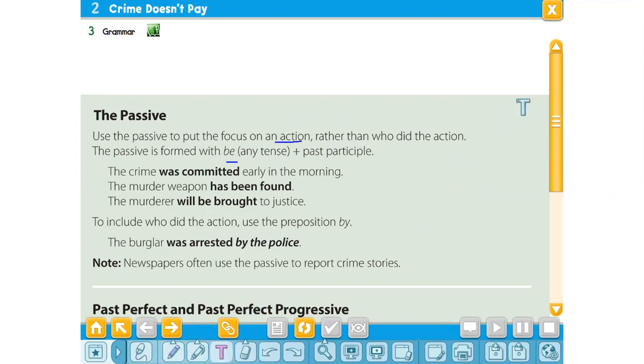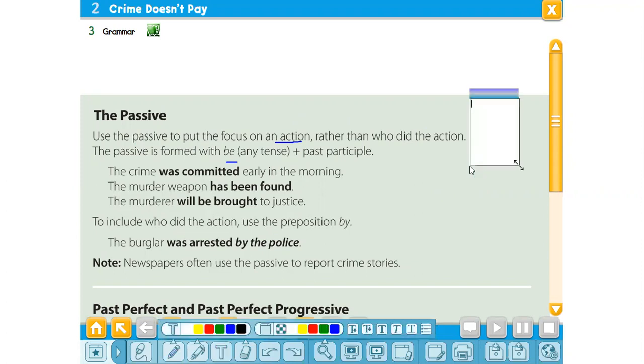We can use be for infinitive, we also use am, is, or are for present simple, was or were for past simple, we can use been for past participle, or being for progressive.